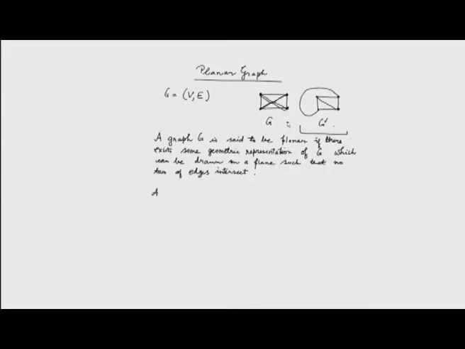A graph that cannot be drawn on a plane without such a crossover is said to be a non-planar graph.